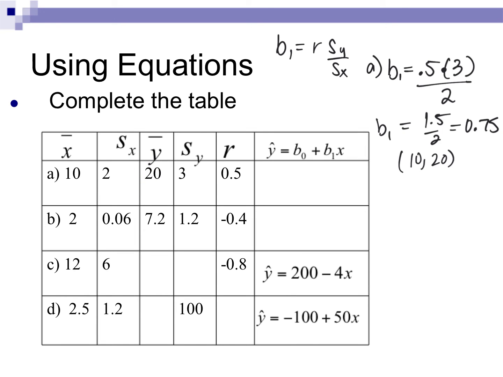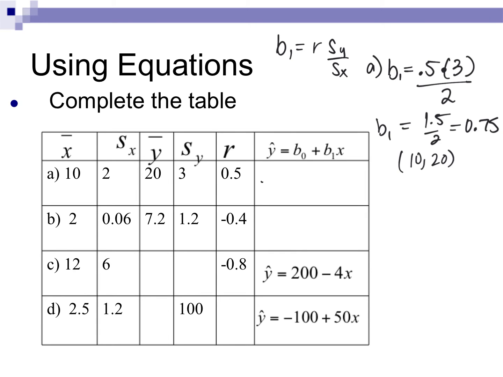How do I find the y-intercept from this information? I'm hearing ideas. Plug in x and y, right? Yeah. We plug in x and y in the slope and we can find the y-intercept, right?